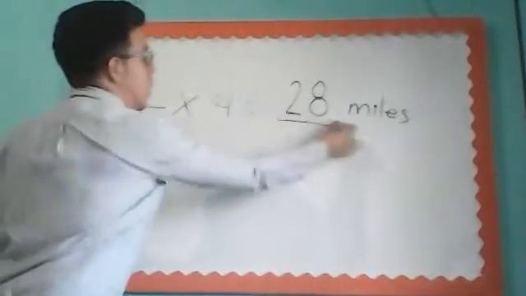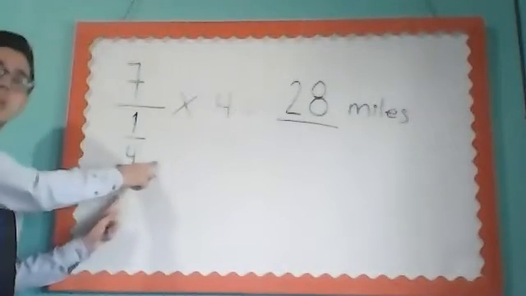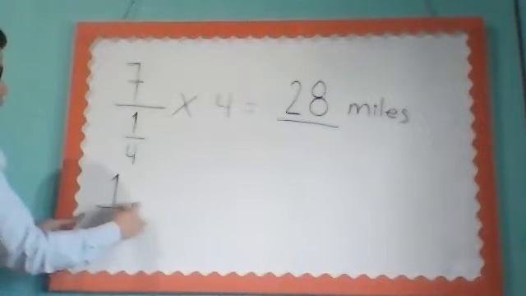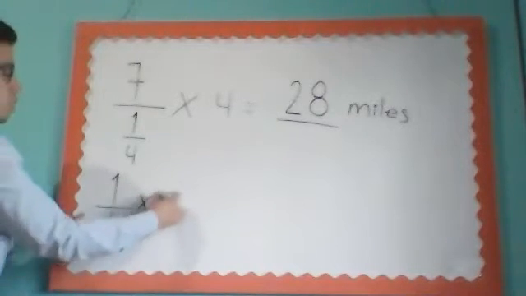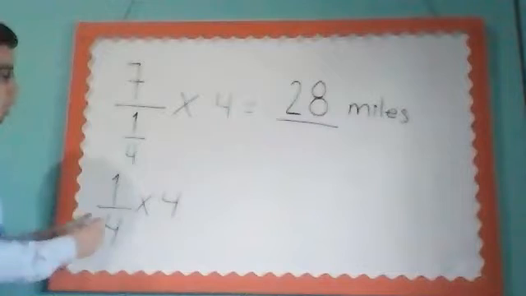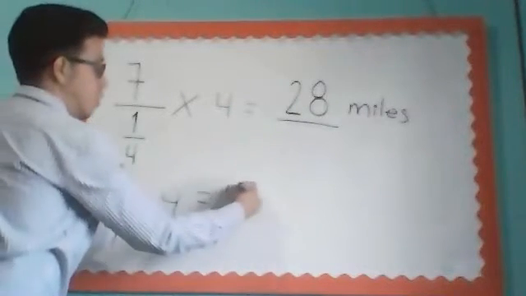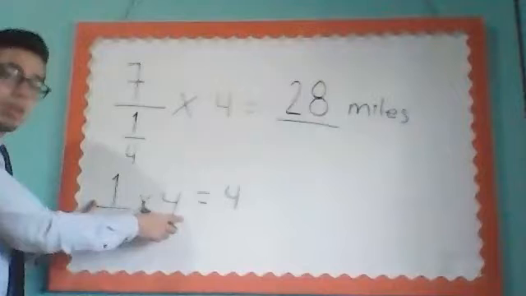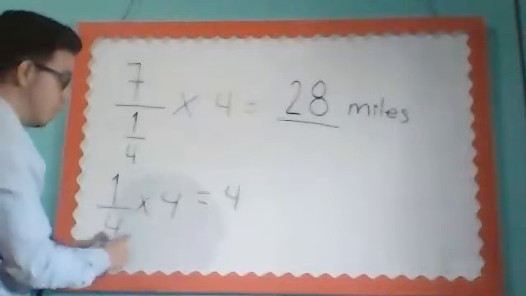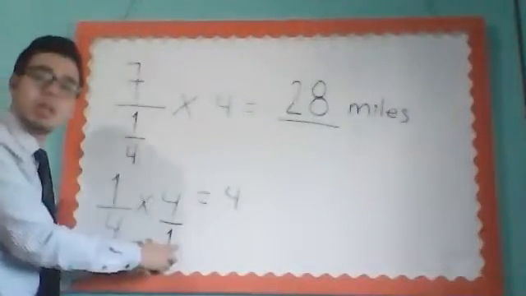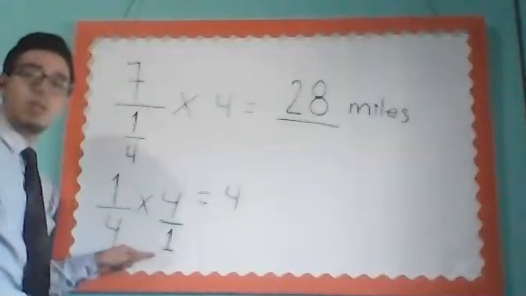Okay, but now, if I multiply the 1/4 times 4, I'm going to solve it down here. 1/4 times 4. You multiply: 1 times 4 is 4 with the numerators, right? And in the denominator, you can add 1 in here because the 1 is not going to affect your answer.